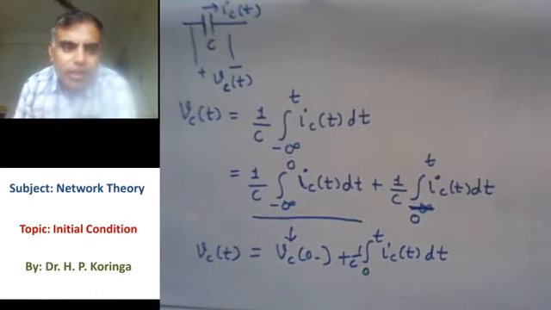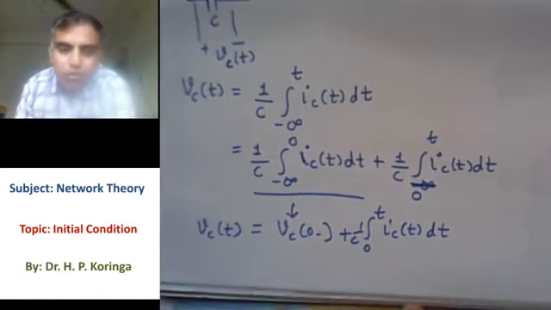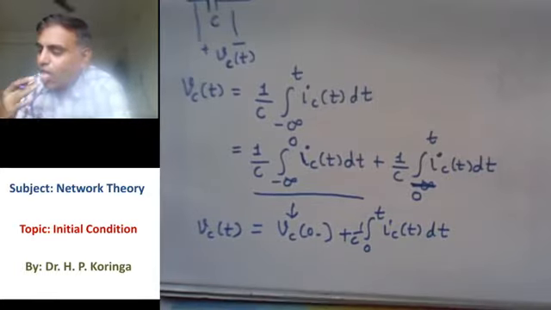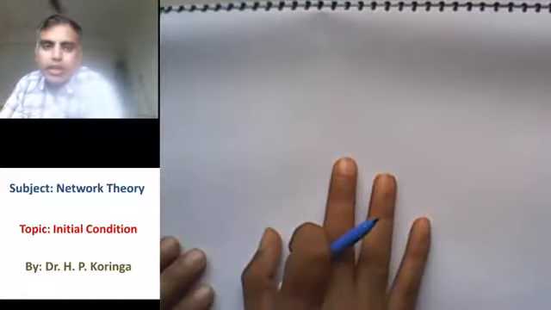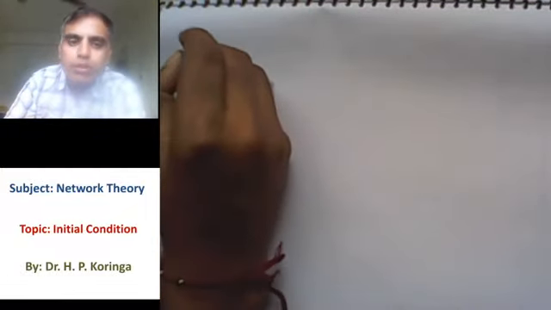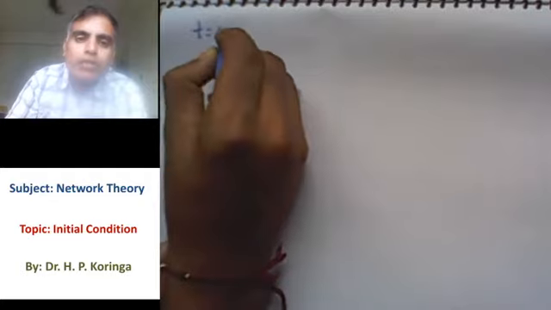Now our interest is to find the voltage across the capacitor at the initial value, because we want to find the initial conditions. So let's substitute this into the equation.